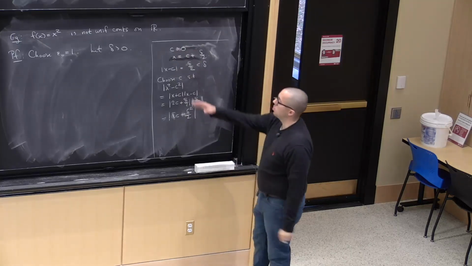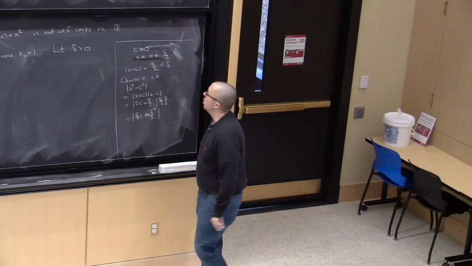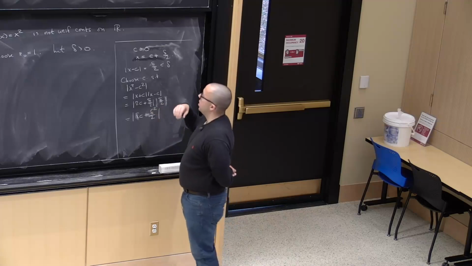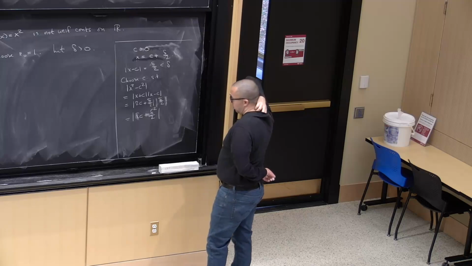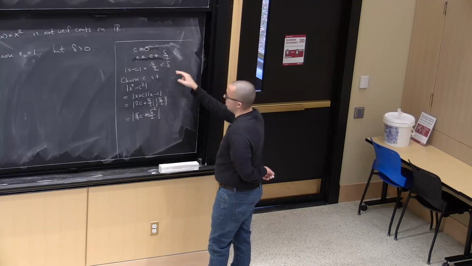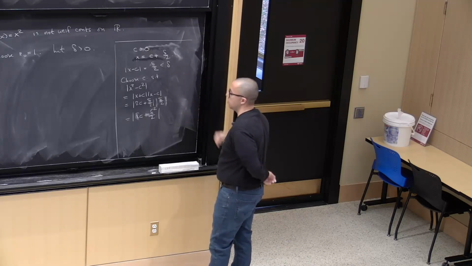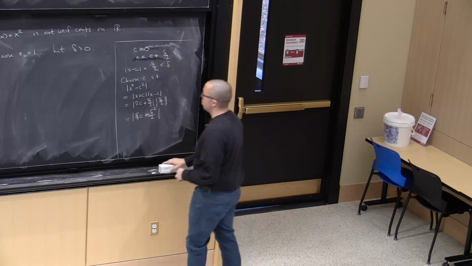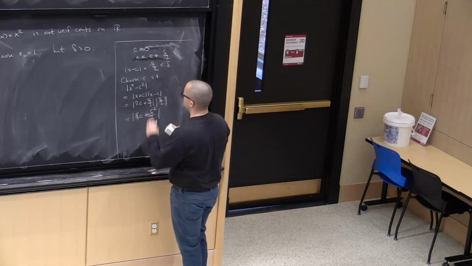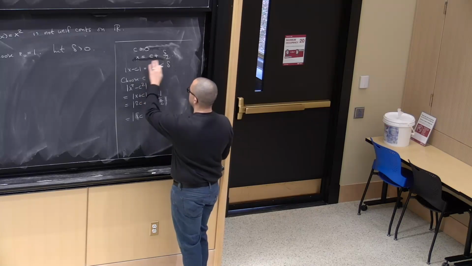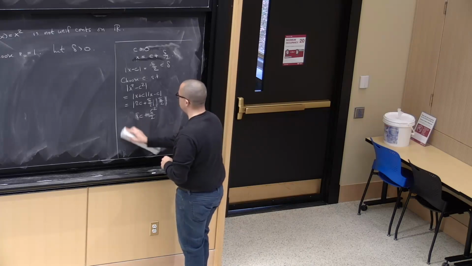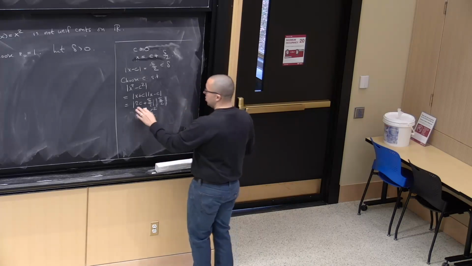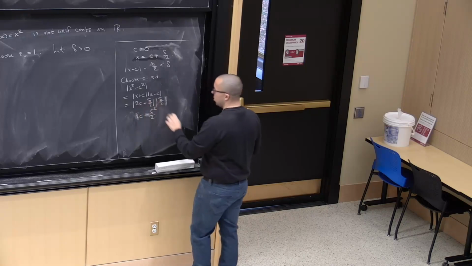So we're trying to show it's not uniformly continuous on R. So we just need to find a value of c and a value of x so that they're within delta distance to each other, but their outputs differ by at least 1. So far, if c is just something positive, x is c plus delta over 2, then they're close. Their difference, however, is going to be, just by this computation, equal to 2c plus delta over 2 times delta over 2.